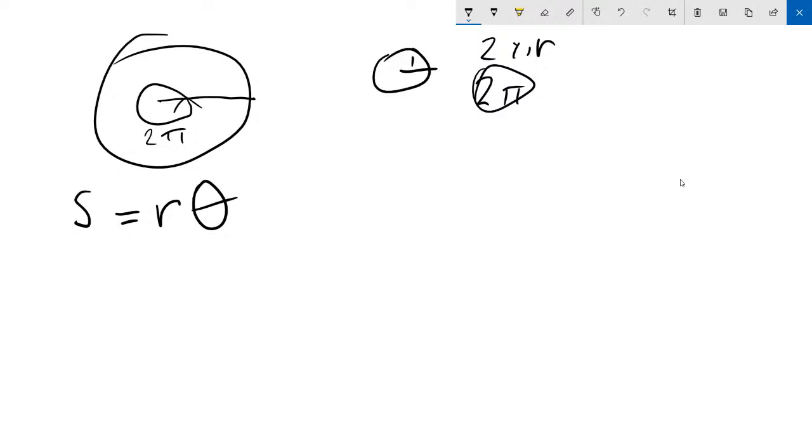If you were sweeping out 2 pi radians, which is the entire circle, then multiplied by the radius, you would get 2 pi r, which is the circumference of a circle. So that works, and you can check other angles to convince yourself. This is super useful, and it gets stuff done faster in certain problems.